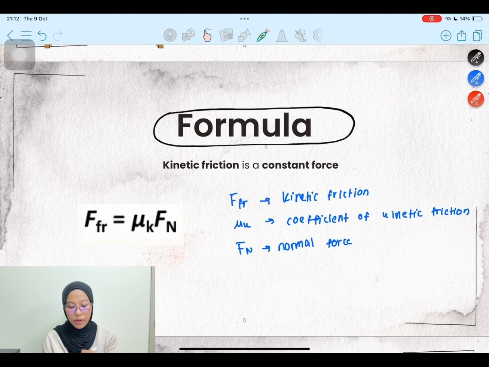So you don't have to worry about the coefficient of kinetic friction, because it will be given in the question. So don't worry about that and don't bother to remember every surface.